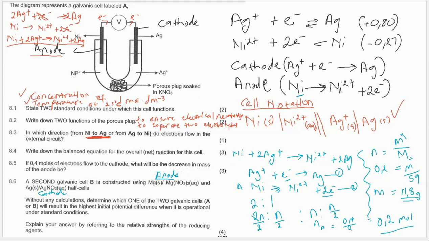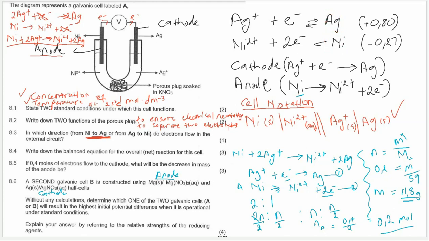They want you to answer without using calculations. They say without any calculations, determine which one of the two galvanic cells, A or B, will result in the highest initial potential difference when it is operational under standard conditions. Then they want you to explain by referring to the relative strengths of reducing agents. Remember, reducing agents are the contents here on the right side of the reaction.